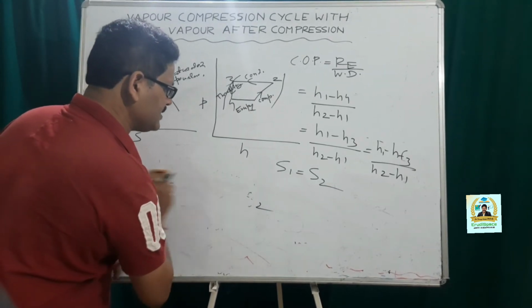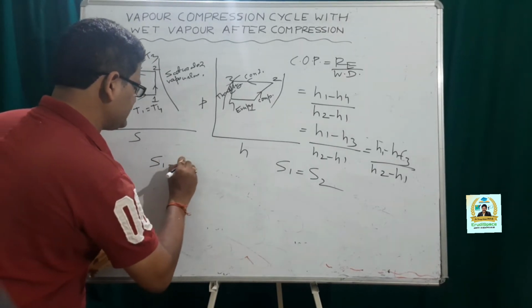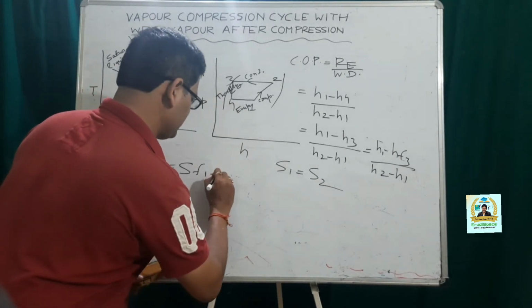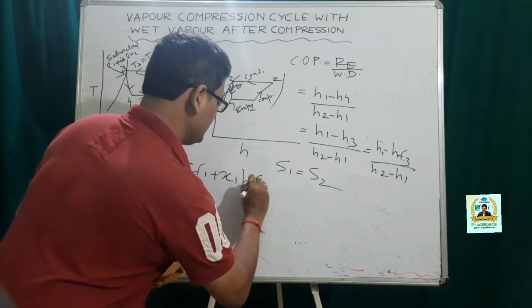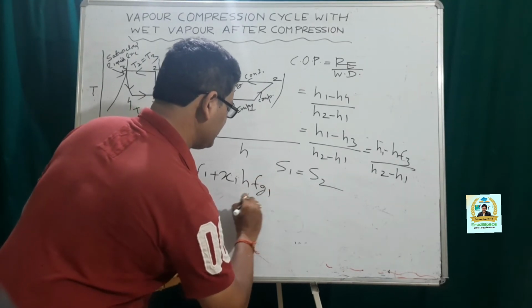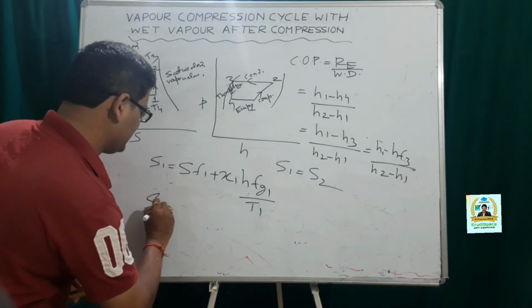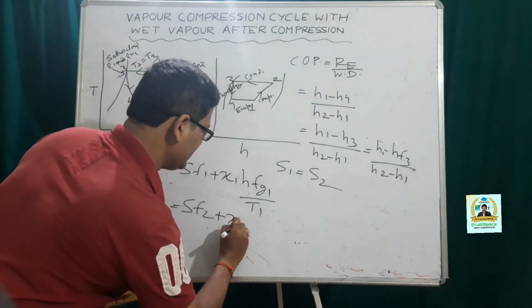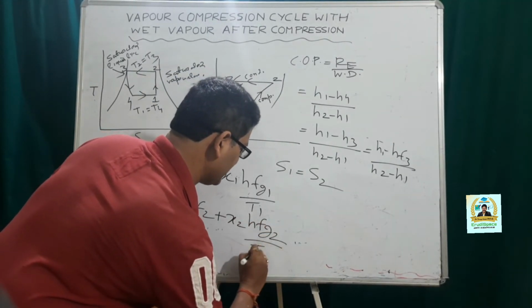And as far as S1 is concerned, S1 is sf1 plus dryness fraction times hfg1 by T1, and S2 is equal to sf2 plus x2 into hfg2 divided by T2.